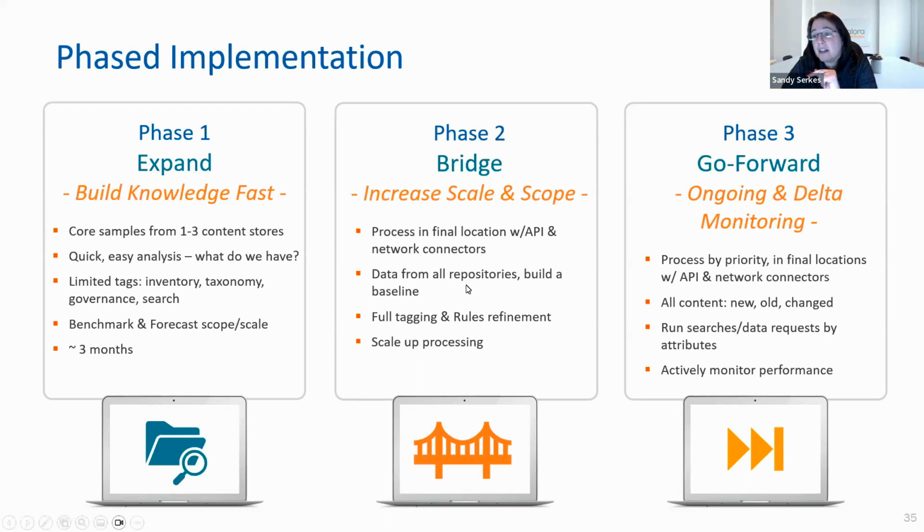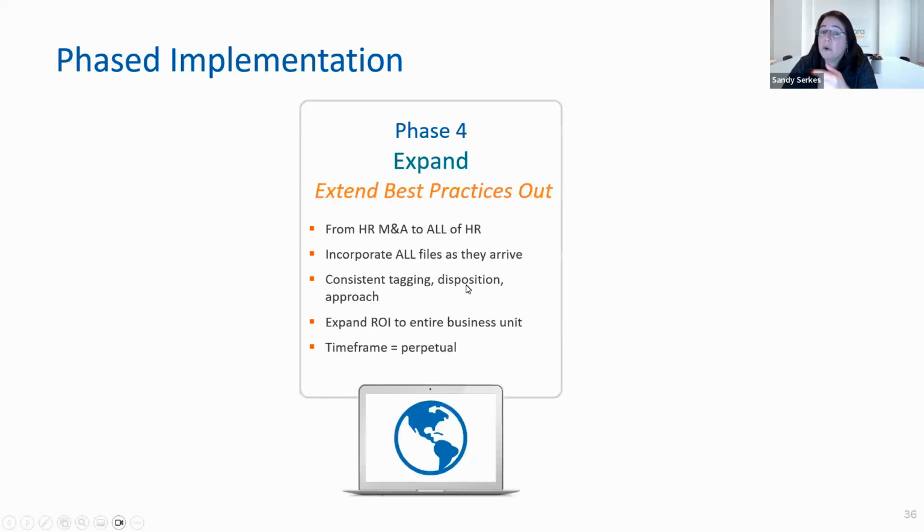And surprise, surprise, we encountered phase 4, which is, this was such a hit and so great for the organization around their M&A and their HR practice that they have extended it out worldwide to all of HR. And this is the pattern that we like to see. You start with a really killer use case, and it just grows and grows and grows, because once you have that single pane of glass, that UI, some colleague at some point is going to go, what are you doing there?